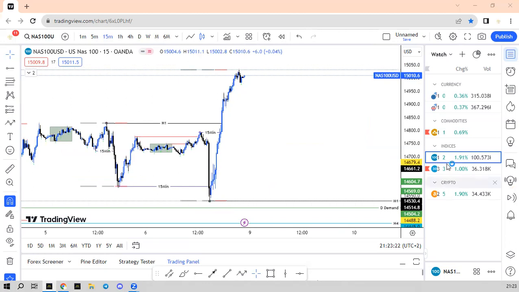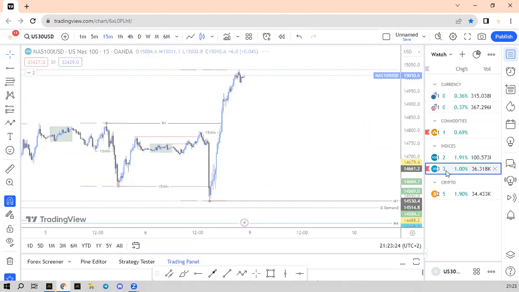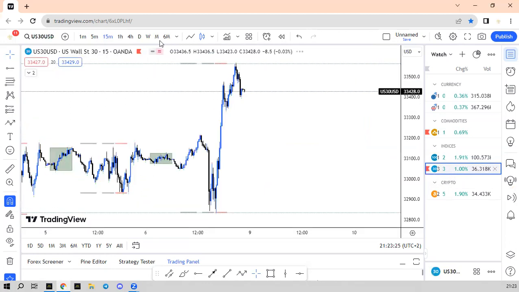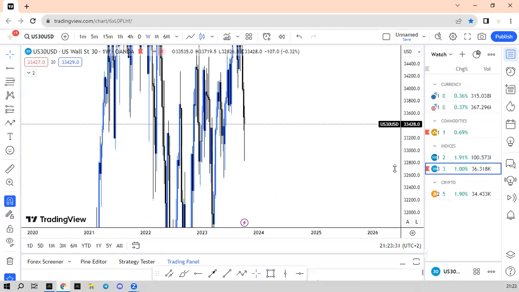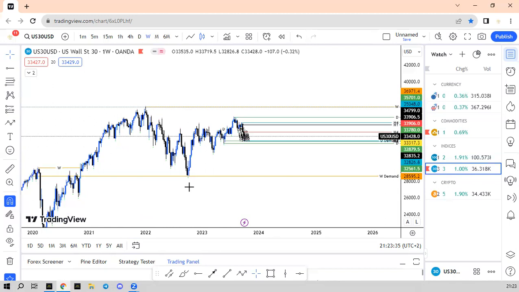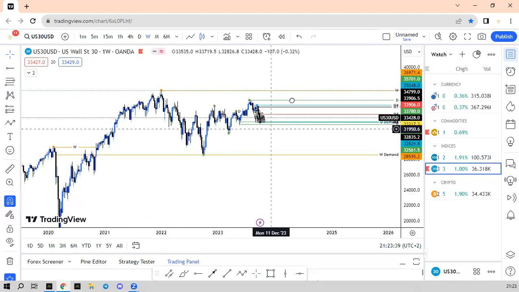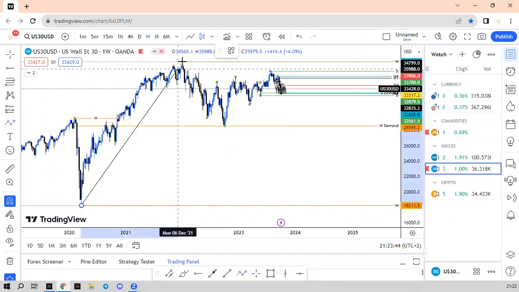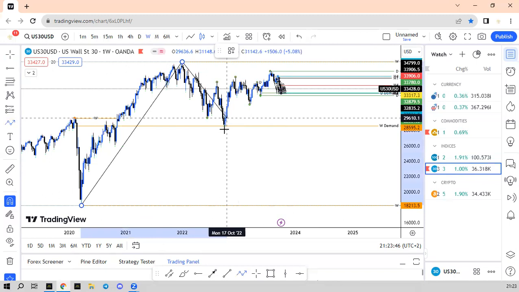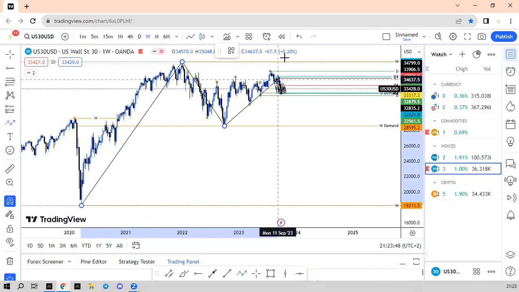US30 weekly. So on US30 weekly, we are in the same position as the Nasdaq. We have a strong low here, a weak high here, retracement, and we expect price to take out that high.